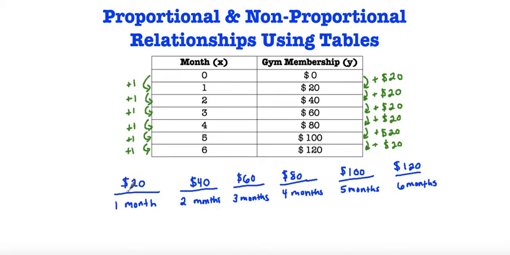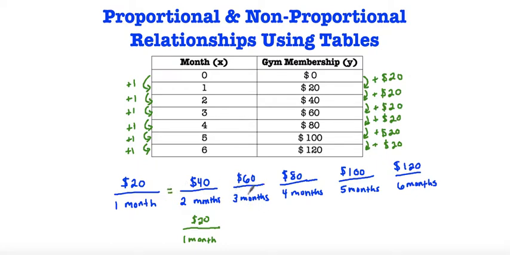So $20 for 1 month is already a unit rate, so I don't need to simplify that. But if I simplified $40 over 2 months, that would simplify to $20 a month. So these two rates are equal.